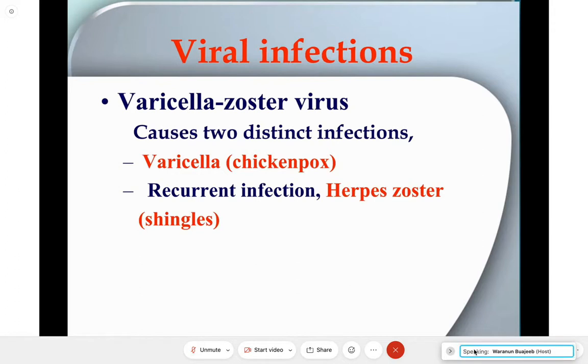Okay, herpes simplex virus, varicella zoster virus. So because it's a herpes virus, there is primary infection and secondary or recurrent infection. Varicella is the primary infection, and herpes zoster or shingles is the recurrent or secondary infection.